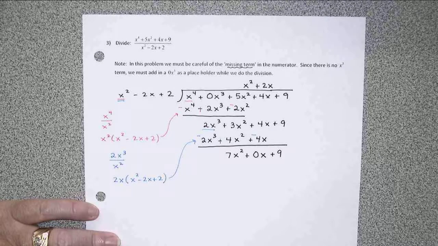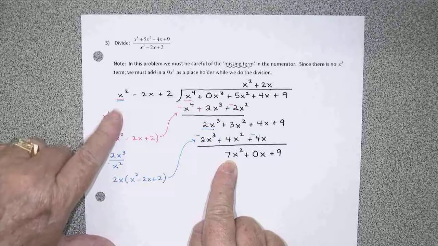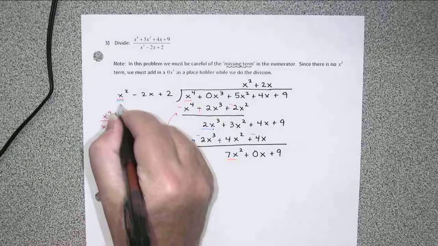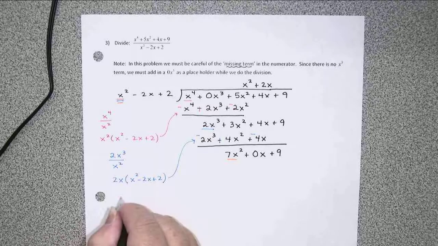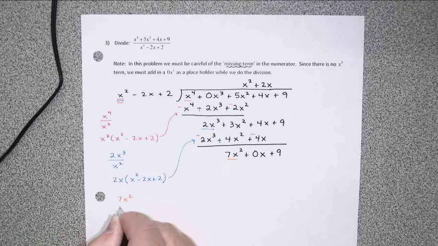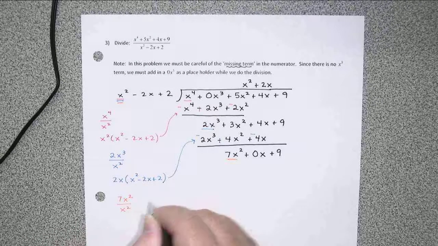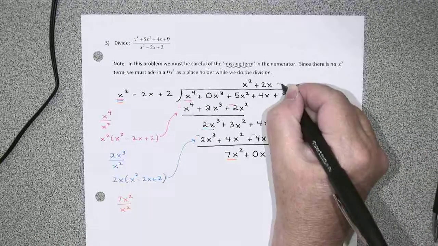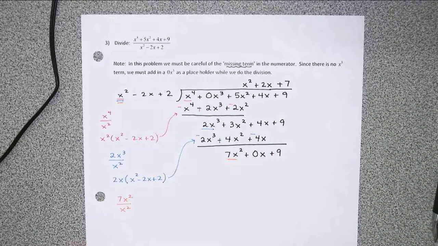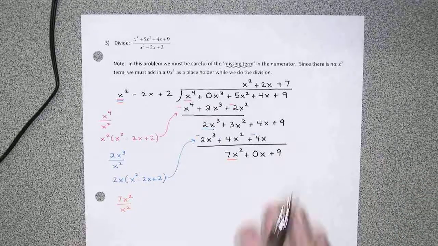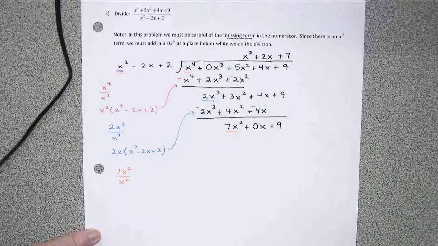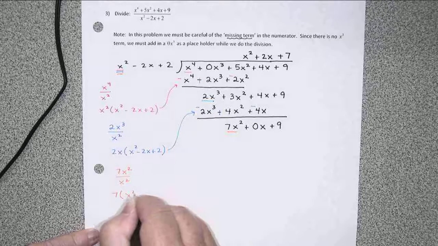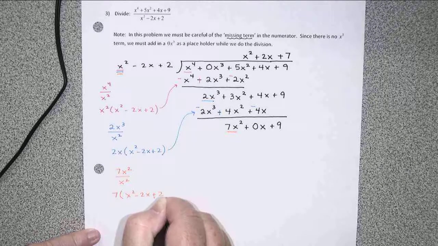All right, looks like I have to divide again. 7x squared divided by x squared, something that can be done. And that would make that just plus 7. So I'm going to take that 7 and multiply it by x squared minus 2x plus 2.